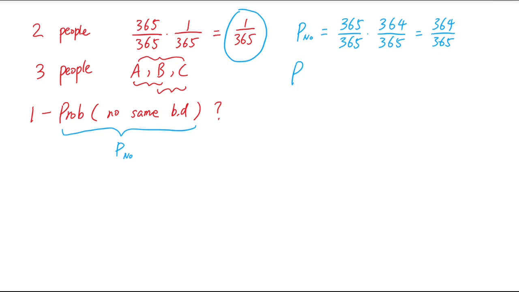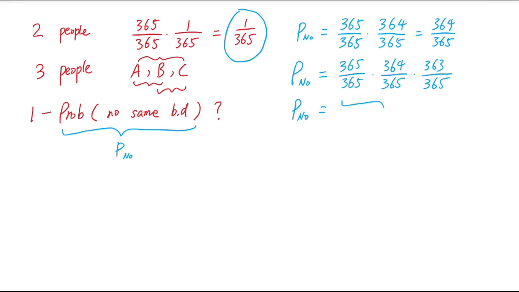And for three people, the probability that nobody has the same birthday is actually quite simple. Basically the second person again cannot collide with the first person, and the third person cannot collide with the first two people. What about for four people? It's going to be a very similar pattern.